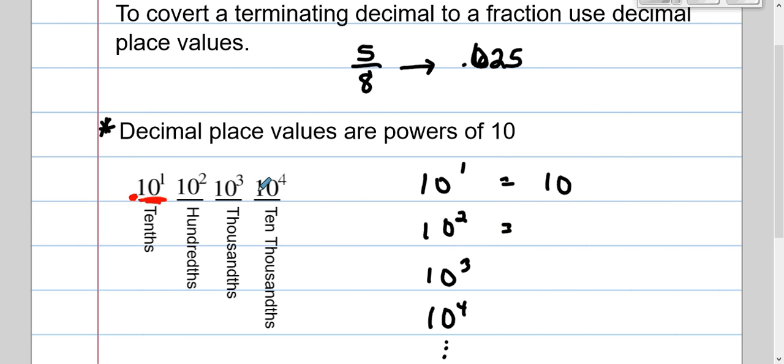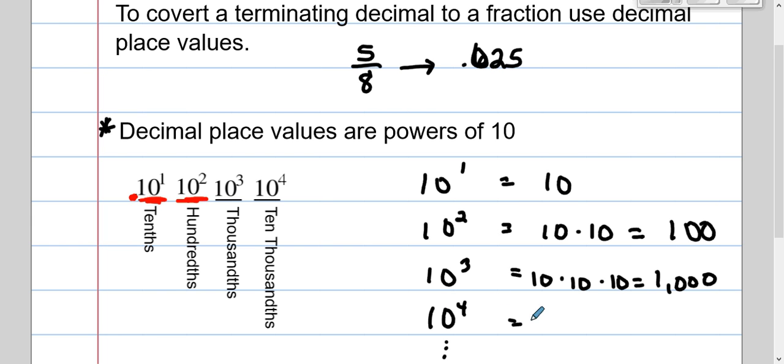The next space would be 10 times 10, because that's how we get 10 to the second power, which is 100. That is why it's called the hundredths place. The next place would be the thousandths place, because 10 times 10 times 10 equals 1,000.